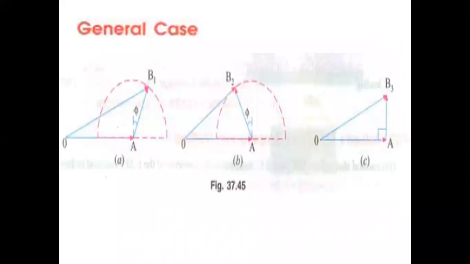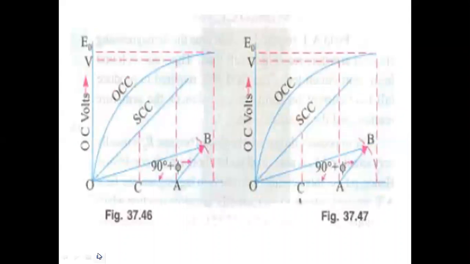So from this, I can write the percentage regulation formula, E0 minus V by V into 100. For this method, we get values which are less than the actual values, so we cannot use it for appropriate values. For accuracy, this is not preferred.